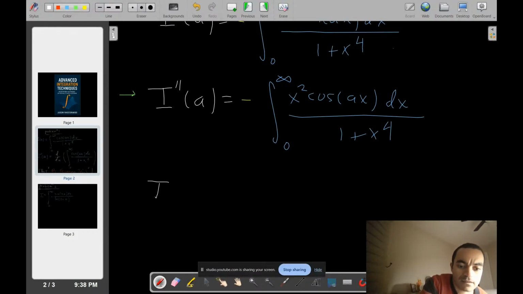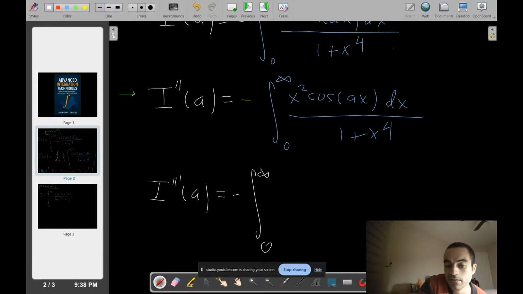So I triple prime as a function of a now. If I differentiate with respect to a, I get negative integral from 0 to infinity. The cosine now becomes negative sine, and the x gets pulled out because we differentiate with respect to a.